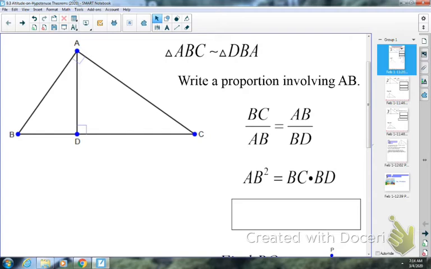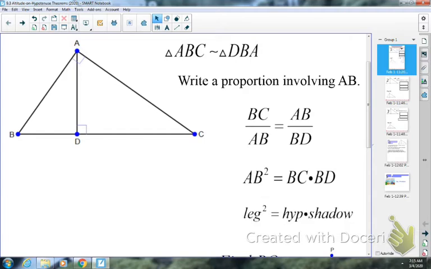Okay, so in the picture, AB is a leg of the original right triangle. That's equal to BC, which is the whole hypotenuse. And then BD is the piece of the hypotenuse adjacent to that leg. Now, sometimes people say, that's why I have this written down here, one of the original legs squared equals the hypotenuse times its shadow.